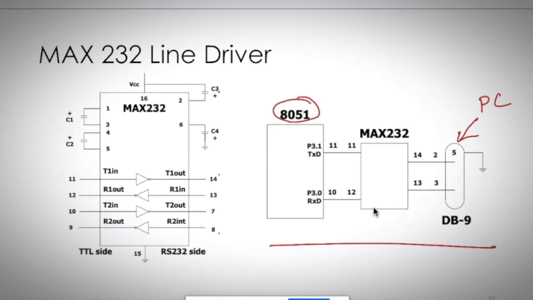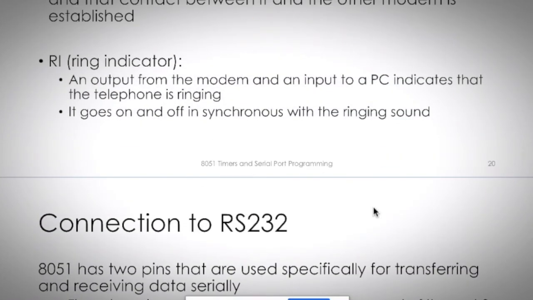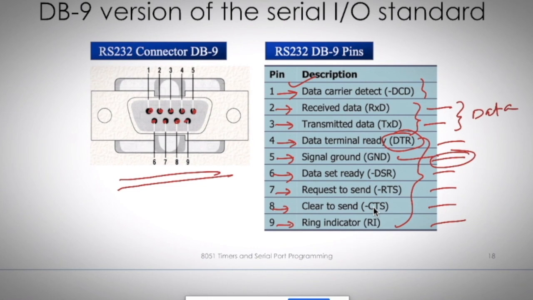For the DB9 connector behind the PC, we have a transmitter as well as a receiver. Pin number 3 is transmit and 2 is receive. So you see here 2 is receive, 3 is transmit, right?